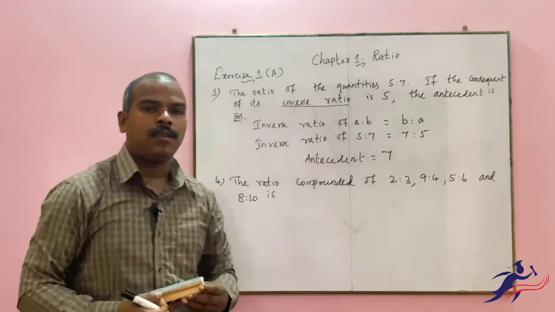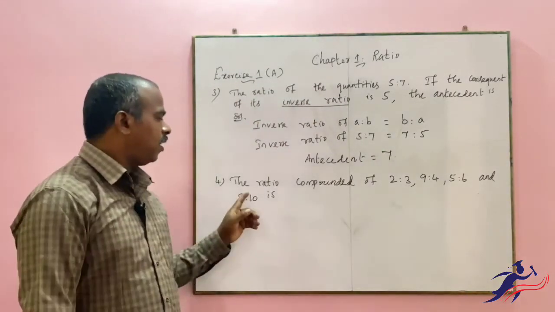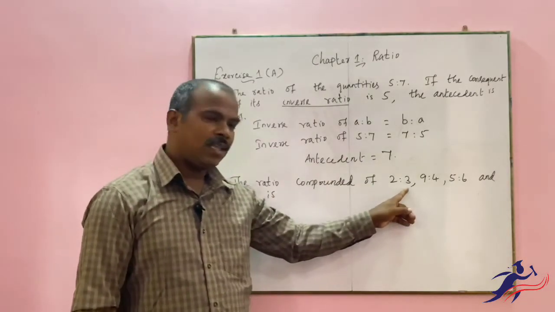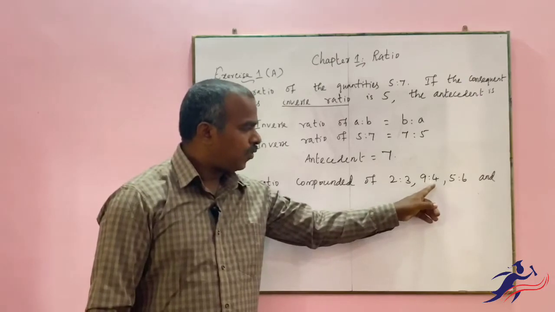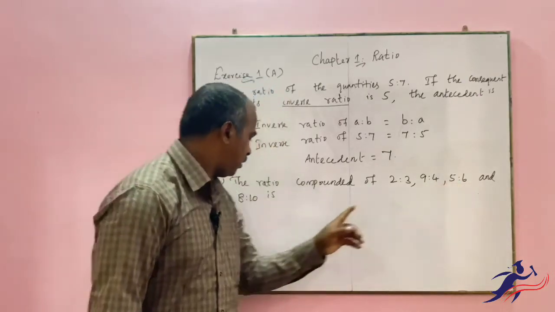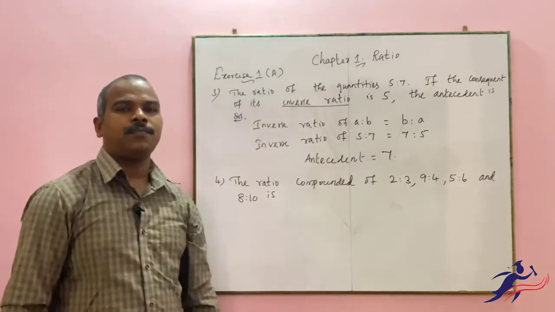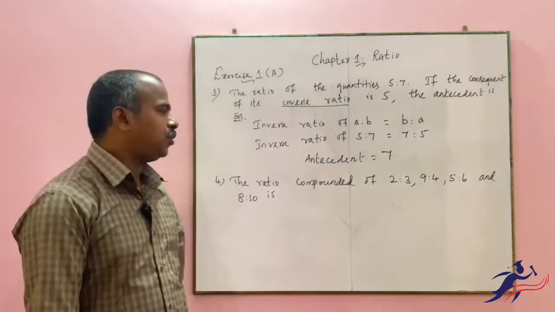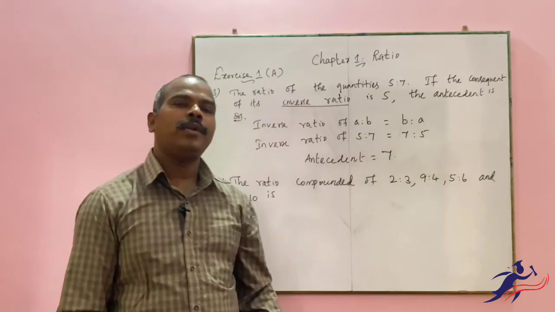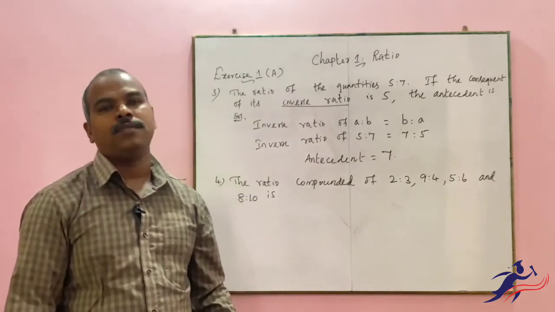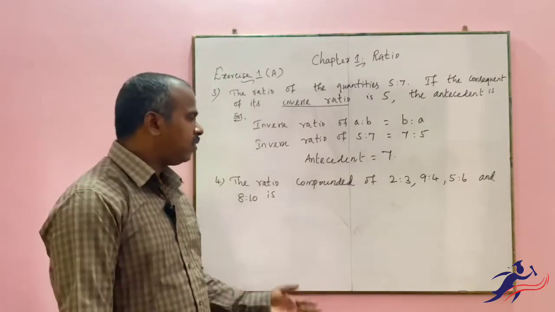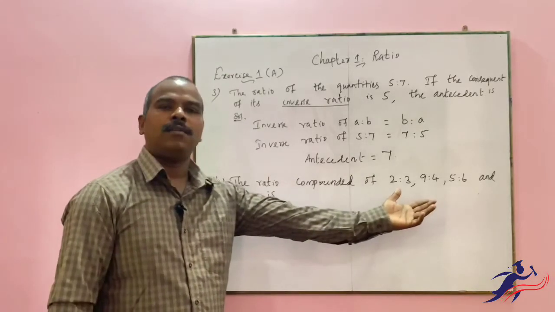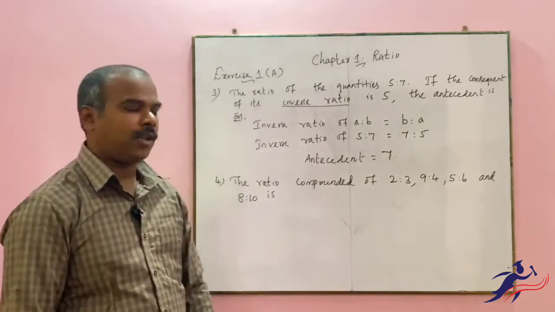Now we shall see question number 4. The ratio compounded of 2 is to 3, 9 is to 4, 5 is to 6 and 8 is to 10 is. In the previous video, I already explained to you, the compounded ratio is the product of the given ratios. So in order to find out the compounded ratio, we can find out the product of these ratios.